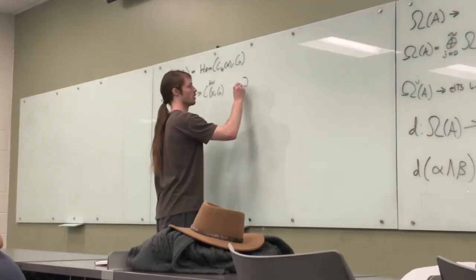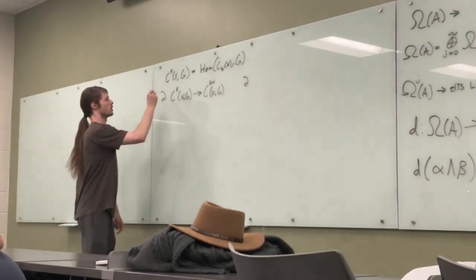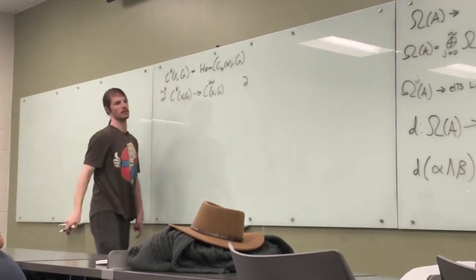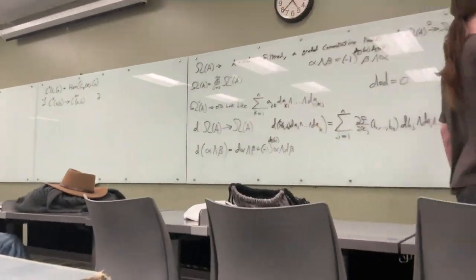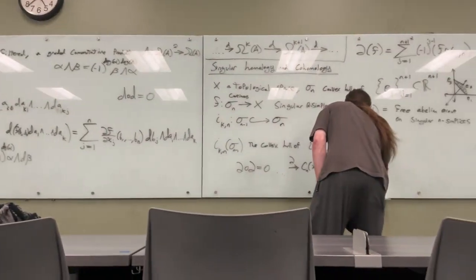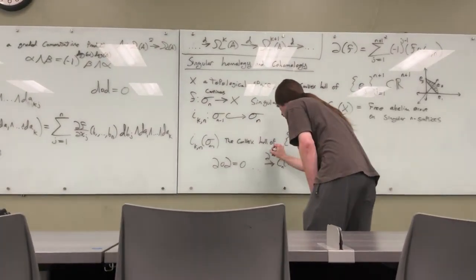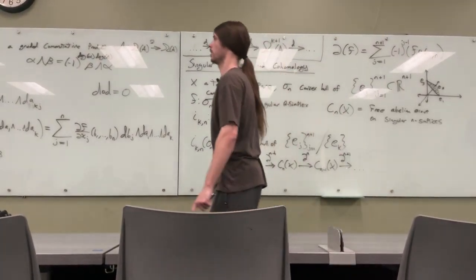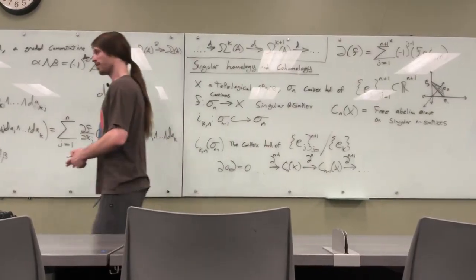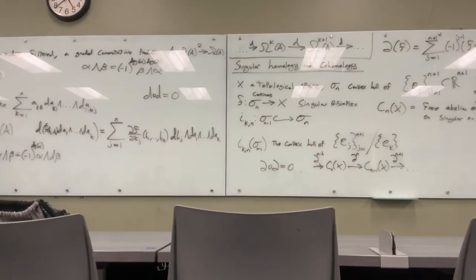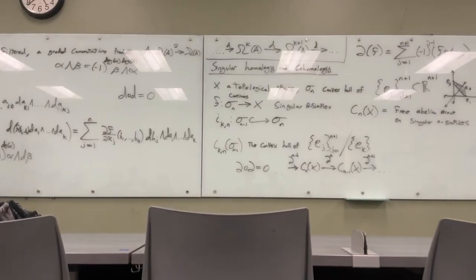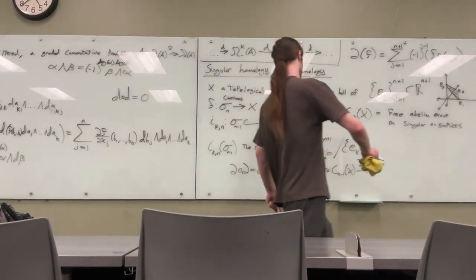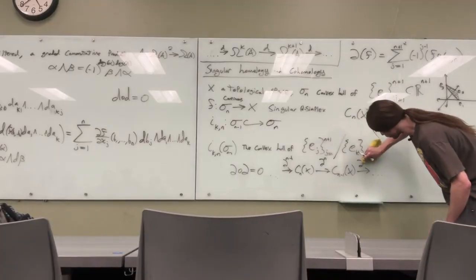I'll just do this to make it more obvious, because if I just use del for everything, then this is going to be very hard to read. So there we go. Cohomology has upper indices, homology has lower indices, so let me erase that and do it again. Sorry, getting ahead of myself.